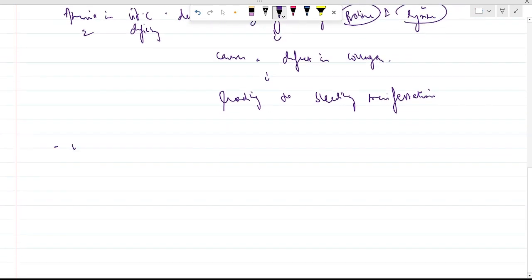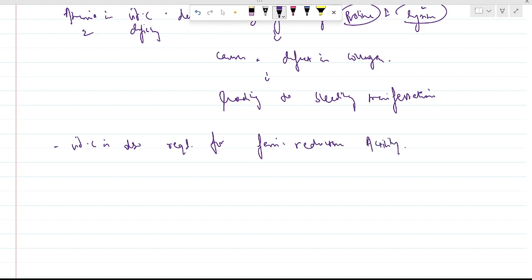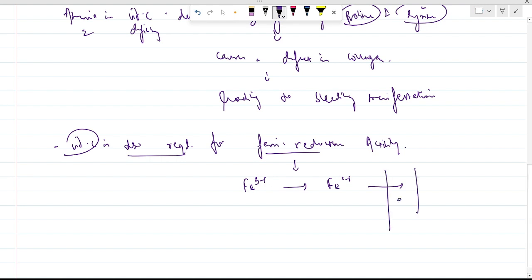Also remember, vitamin C is also required for reductase activity. What this reductase does is convert Fe3+ ferric to Fe2+ ferrous form, which then gets absorbed.